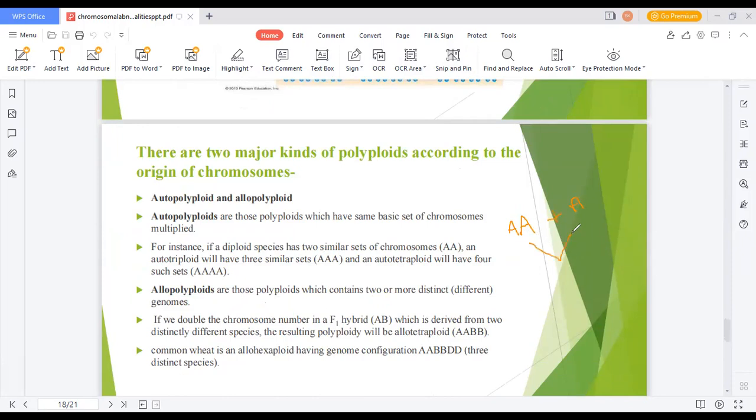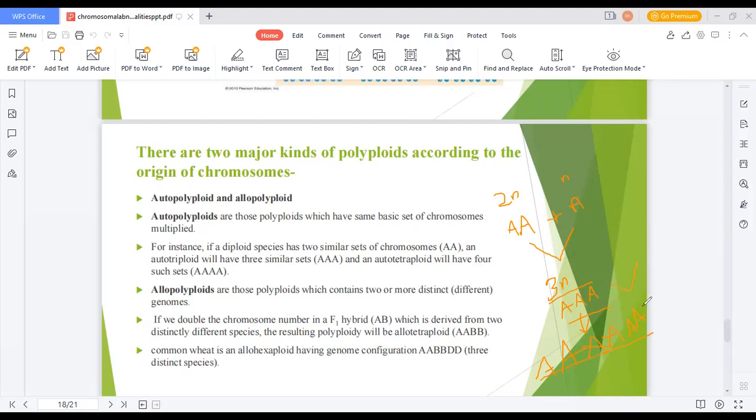So by the fertilization between 2n and a normal gamete, we are getting 3n. So this 3n organism containing similar type of genome, similar type of genes. So the triple A, again this treated with colchicine, it becomes 6x, hexaploid. But in hexaploid, all sets of chromosomes containing similar type of genes, similar type of genome. So that's why they are called as autopolyploids.